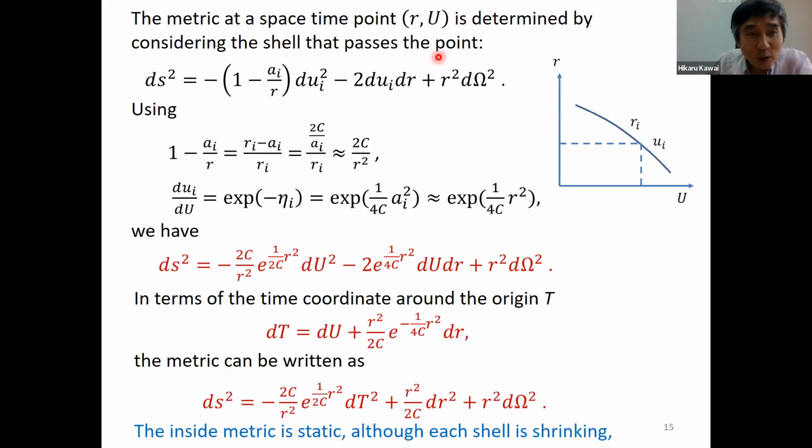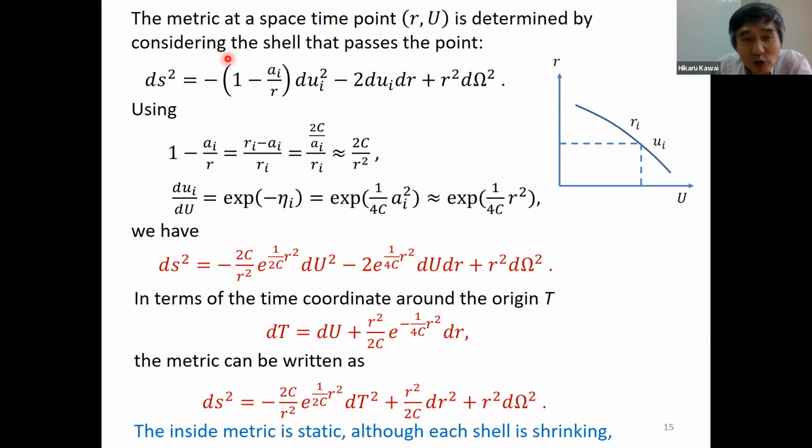So from this, we can determine the metric in the continuum limit. The metric at the spacetime point (R, u) is determined by considering the shell that passes the point. Suppose the i-th shell passes the point, and then the metric is given by this.